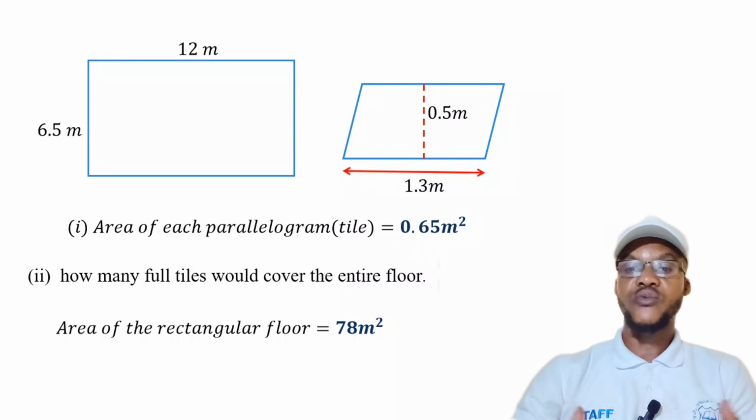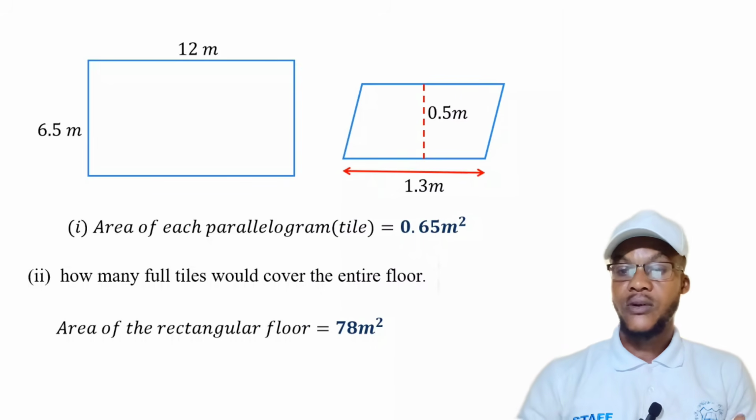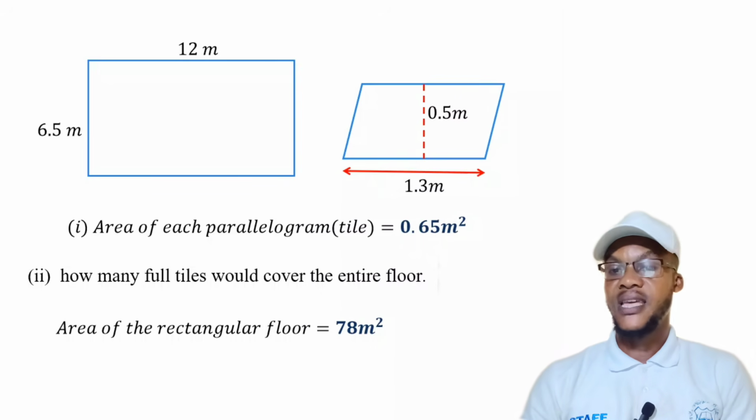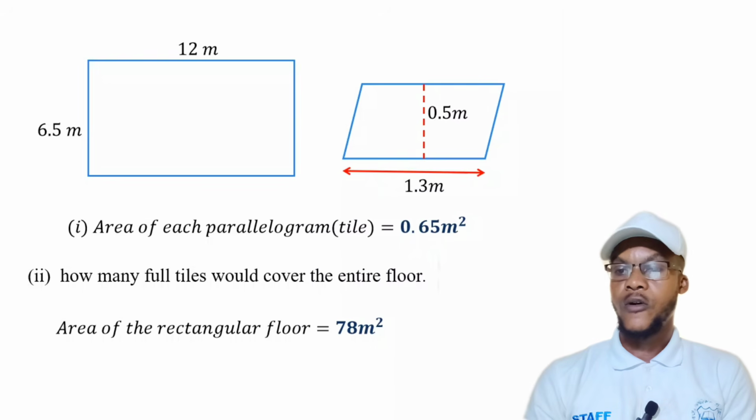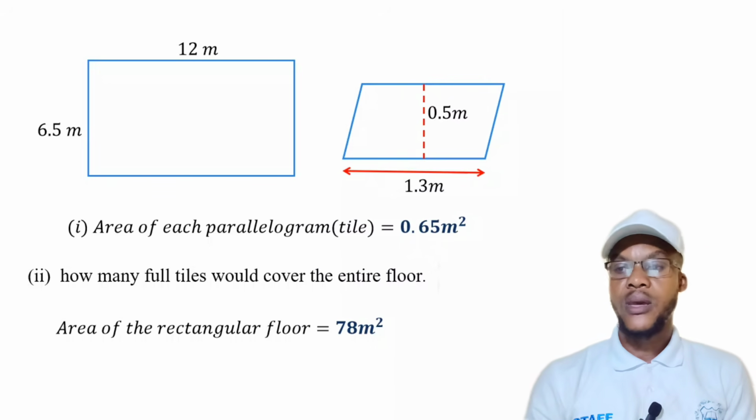So once we have the area of the rectangular floor, and we also have the area of the parallelogram tile, we just divide the 78 meters squared by the 0.6. That will help us know the number of tiles that will cover the whole place.